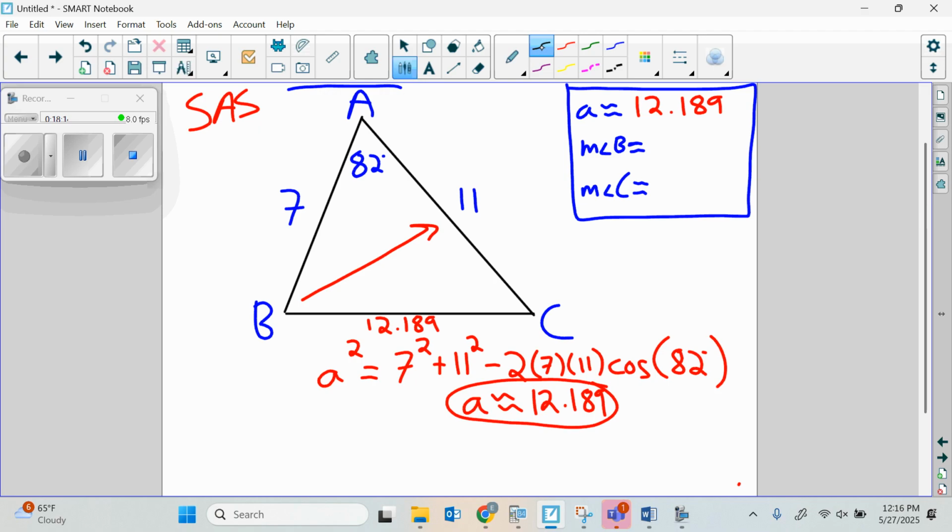I'm going to say cos B equals 7 squared plus A squared minus 11 squared. Notice you could use that 12.189 number, but to be more accurate, I'm just going to call it A, because I already have that stored on my calculator, over 2 times 7 times A.